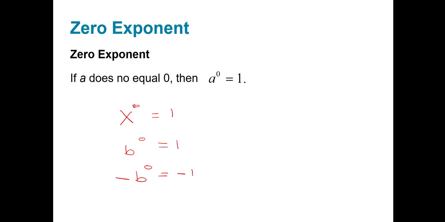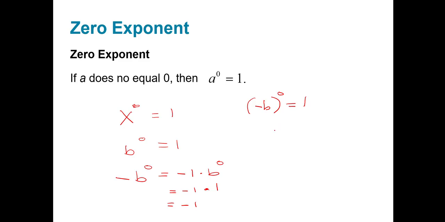If you think about it, this is negative 1 times b to the power of 0. Well, b to the power of 0 is 1. Agree? So negative 1 times 1, I have negative 1. But what about if it's negative b inside parentheses to the power of 0? Well, now in this case, yes, the negative is with the b inside parentheses to the power of 0. So then that will be 1.